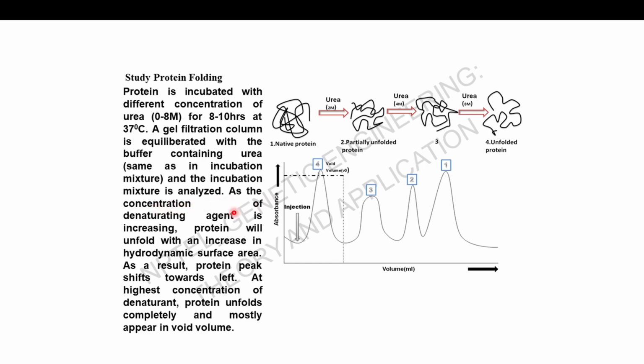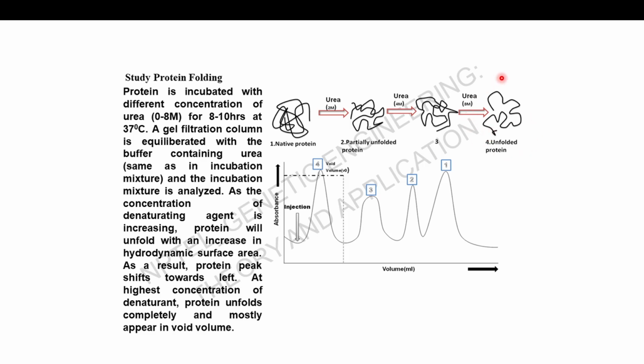As the concentration of the denaturing agent increases, the protein will unfold with an increasing hydrodynamic surface area, because the compactness is going away, and as a result the protein peak shifts towards the left. As the overall size becomes larger, access to the pores of the SEC matrix will be limited.